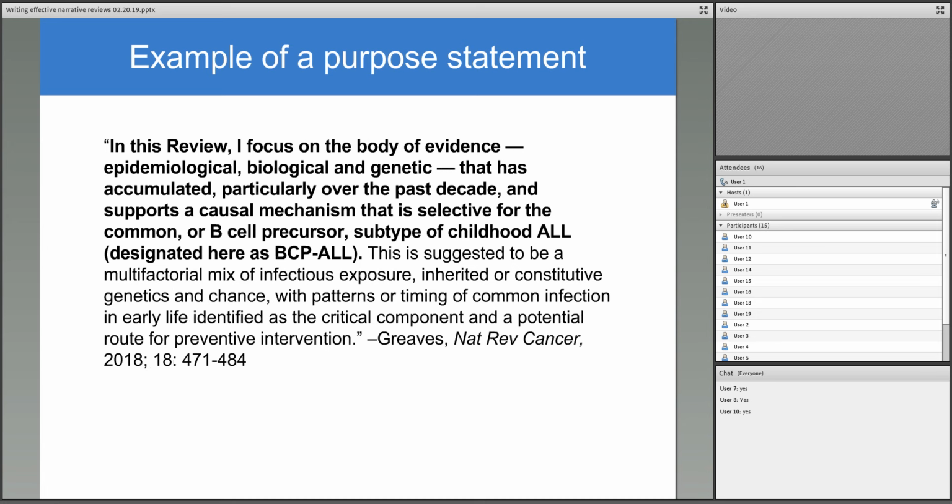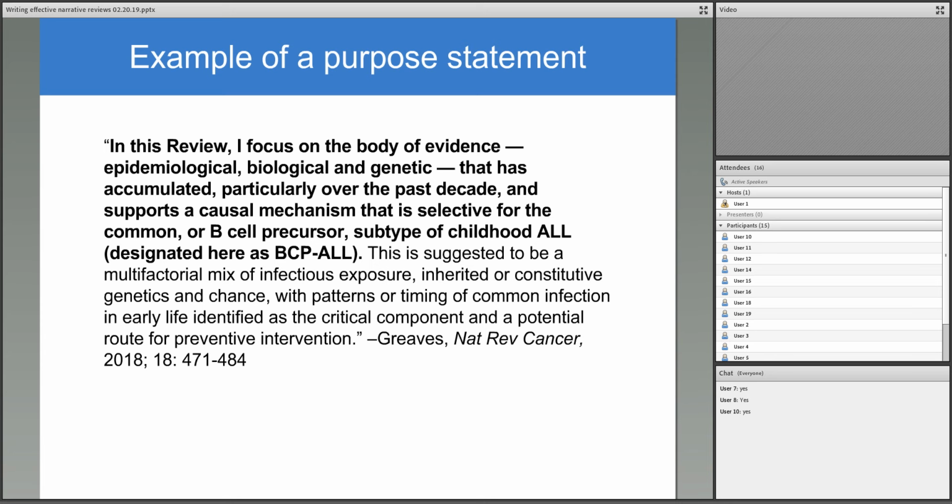Here's another example from the introduction of another review article. This paragraph leads off with the purpose statement: to focus on the body of evidence, epidemiological, biological, and genetic, that has accumulated over the past decade and supports a causal mechanism that is selective for the common or B cell precursor subtype of childhood ALL.